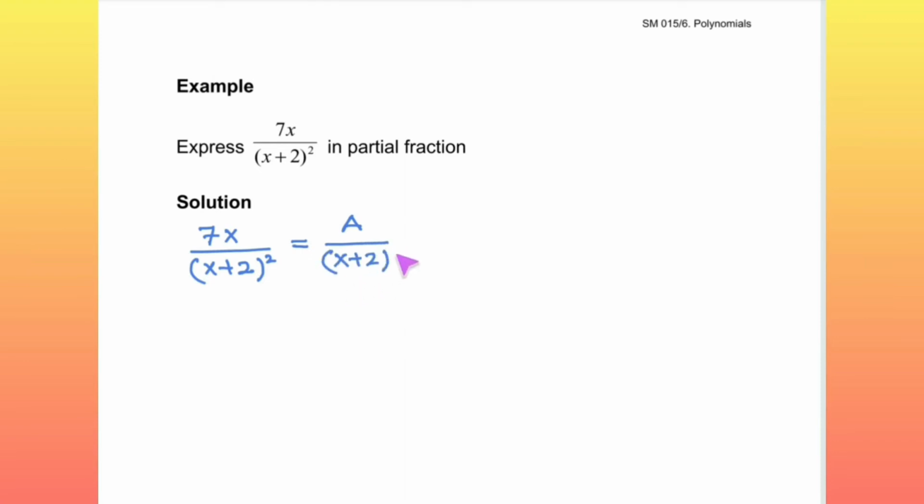This is power 1. Plus, because it is repeated 2 times, plus B over x plus 2 squared. If we have power 3 here, we will have the other C over x plus 2 power 3. This is our first step.